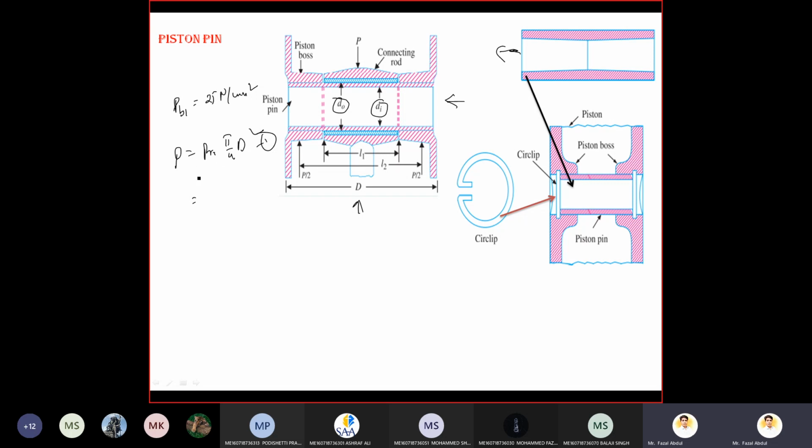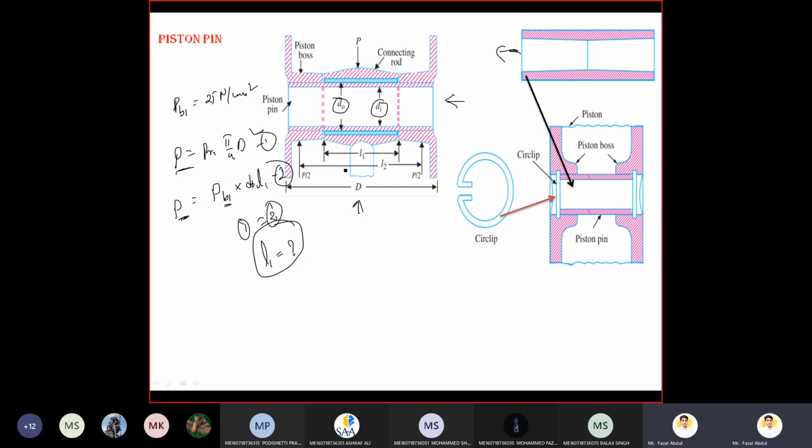Because of bearing pressure there will be a load on the piston pin. So bearing pressure PB1 into projected area D naught into L1. This is the second equation. The first equation is the load due to the burnt gases. The second equation is the load due to the bearing pressure because of the connecting rod. Now with equation 1 and equation 2, we are going to calculate the L1 value.